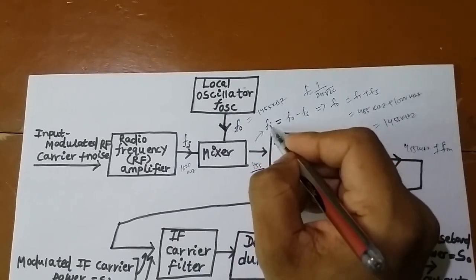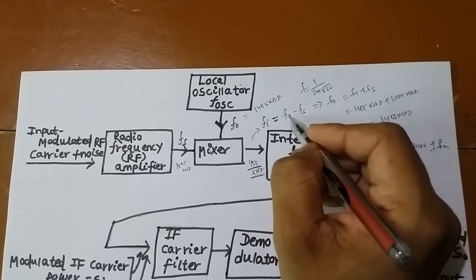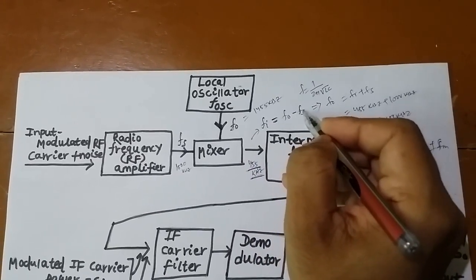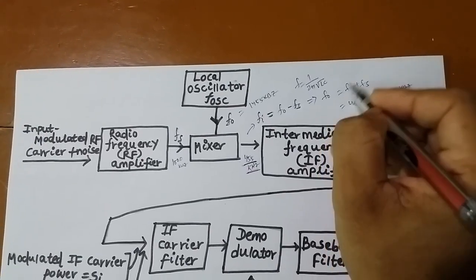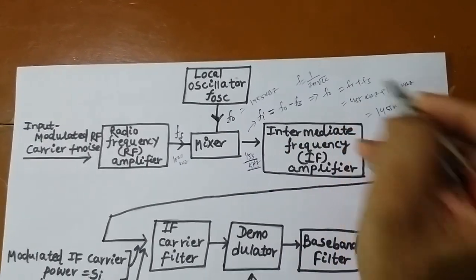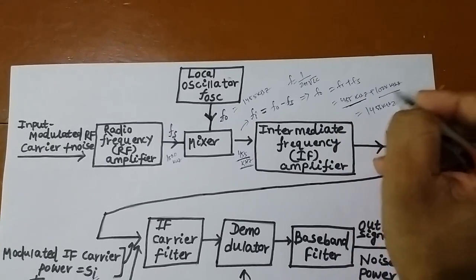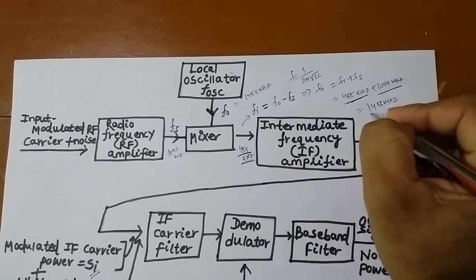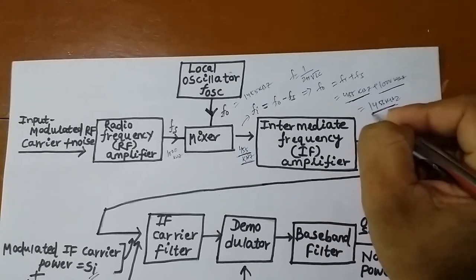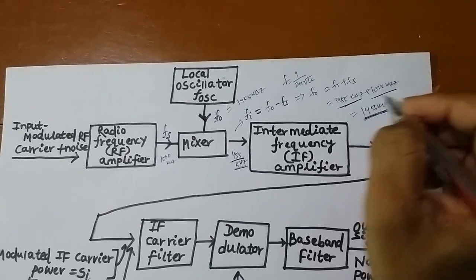We have a formula that intermediate frequency Fi equals F0 minus Fs, so F0 equals Fi plus Fs. So Fi equals 455 kHz and Fs is 1000 kHz. So the required frequency generation at the local oscillator is 1455 kHz.